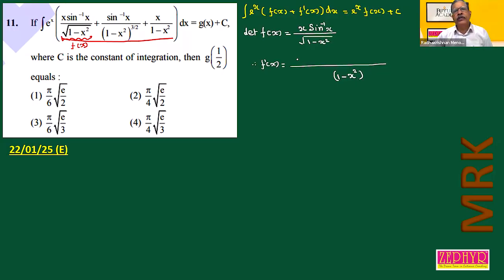Denominator, root 1 minus x squared, into derivative of numerator. So derivative of numerator means product rule: x into derivative of sine inverse x plus sine inverse x into derivative of x.